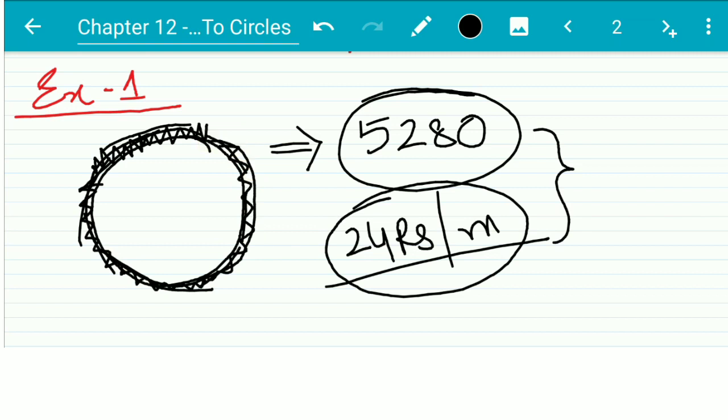So once we get the total length of the fence, that is the circumference of the circle.